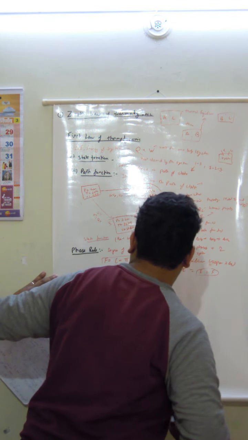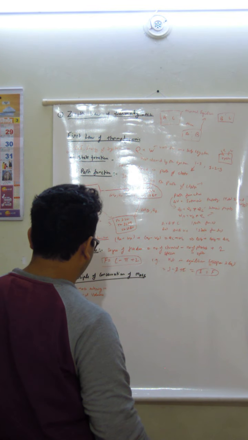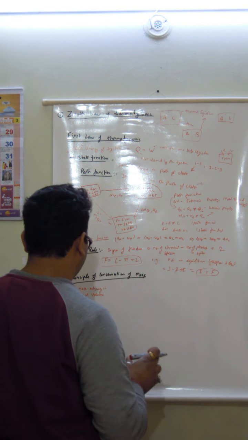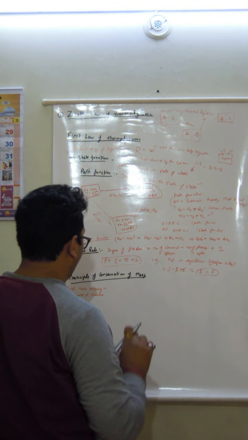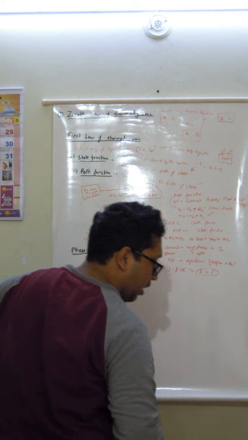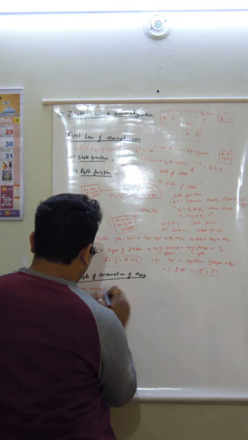I will explain later what types of volumes and systems there are. I taught you in an earlier class: there is a closed system, an open system, and a control volume.